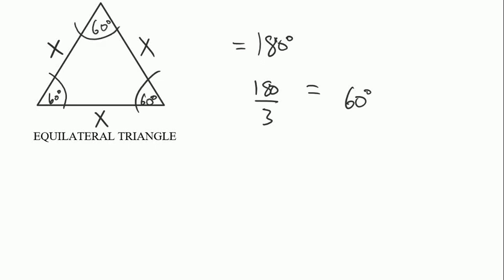Now, how do we calculate the area of such a triangle? Well, it's pretty simple. In fact, we're just going to do base times height. Now, what base are we going to be doing?